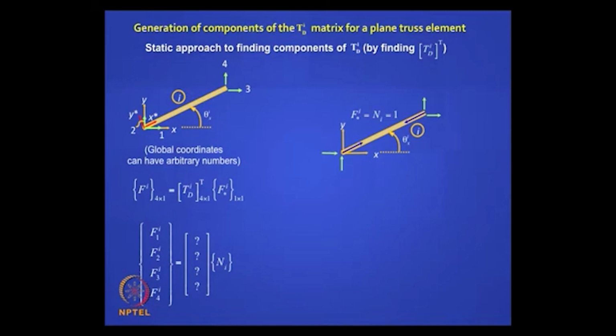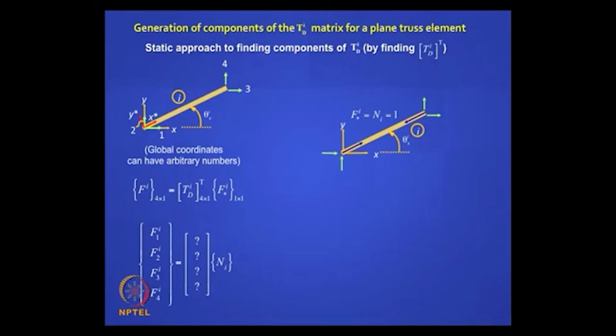Fi1, Fi2, Fi3, Fi4. This force, the internal force here is actually Ni, that is what I call F, that is what the element force there is, right? Actually this is written the wrong way. Yeah, the Fi is 4 by 1, right? Then what you get here, these are the four vectors that I need.